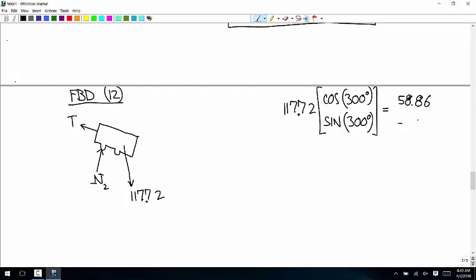In future classes, the assumptions that depends on are a weightless cable and a massless and frictionless pulley. If any of those things change, that changes, but we always assume weightless cable, massless pulley, frictionless pulley. Negative 101.